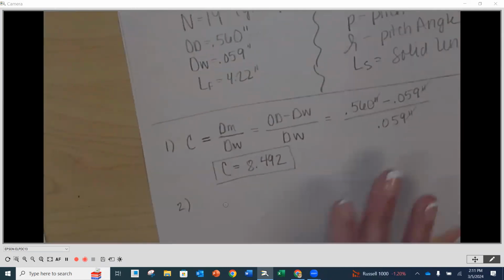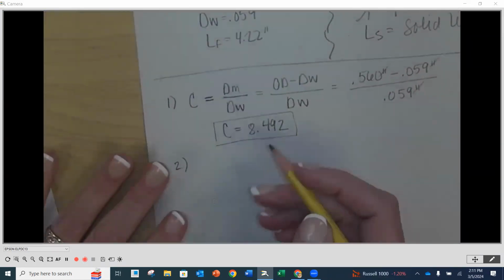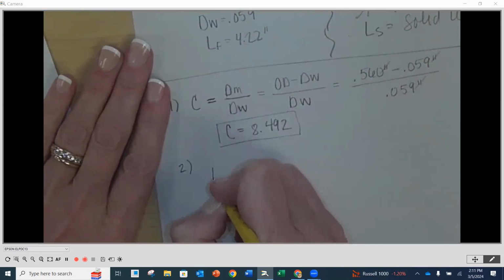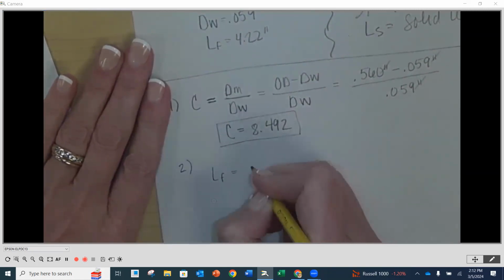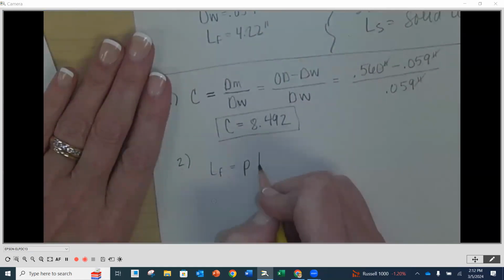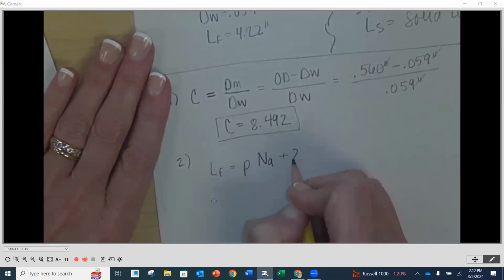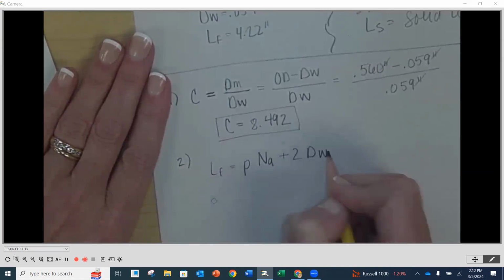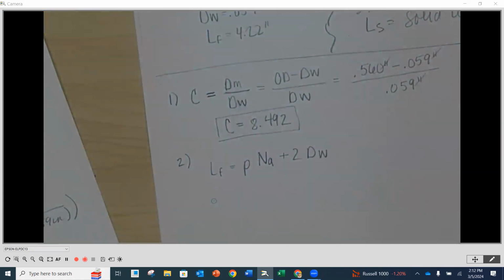Okay, so I'm going to write that out first. So LF is equal to, the pitch is what I'm going to be solving for, NA plus 2 times dW, which is our wire diameter.